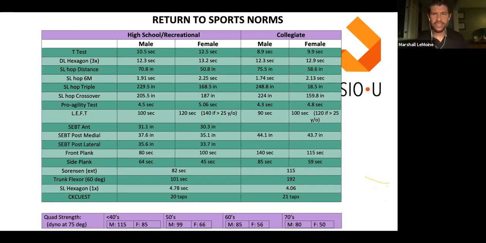The other good thing is, if I'm always comparing, maybe I'll ask you guys this, if a lot of these return to sport criteria are compared to the other leg, what are some of the issues you might find in that? Like, hey, my quad has to be 90% compared to the other leg. I should be able to jump 90% compared to the other leg.